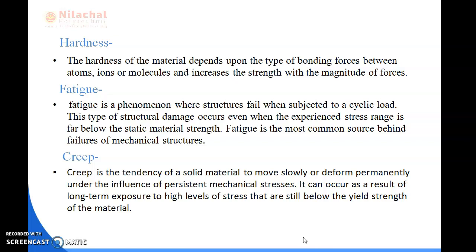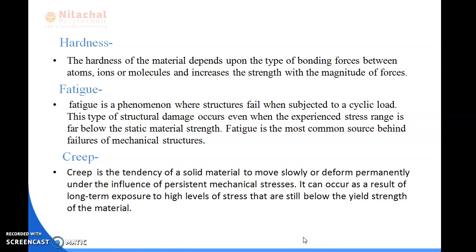It means creep is the tendency of a solid material to move slowly or deform permanently under the influence of mechanical stresses. Creep is also called cold flow, and it can occur as a result of long-term exposure to high levels of stress.